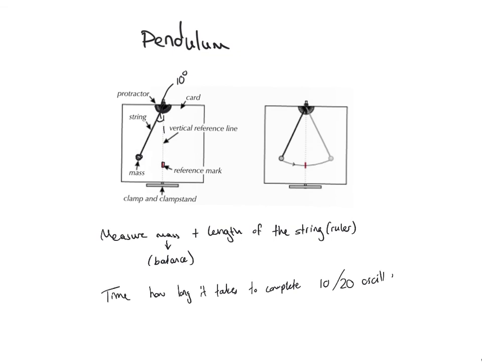Ten or 20 oscillations is enough to basically drop your uncertainty in your measurement, and to disperse the human error in terms of using a stopwatch to time how long it will take for 10 or 20 oscillations.